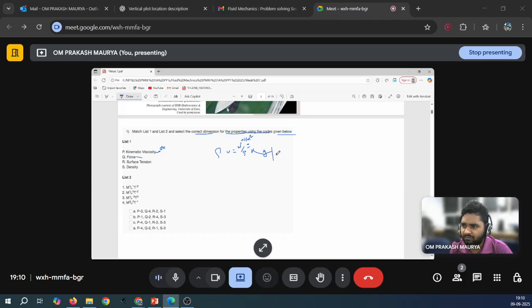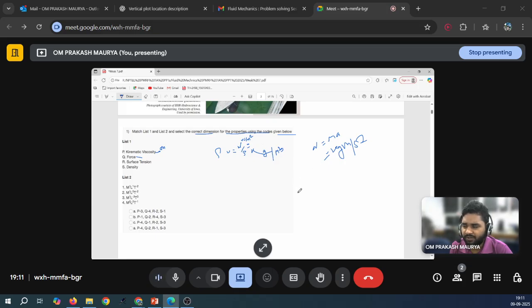Actually, I don't have the pen in my hand today, so I am writing with the mouse. So kg per meter cube. From here you can write Newton as mass into acceleration, you know already. So kg meter per second square. Newton second means 1 second.